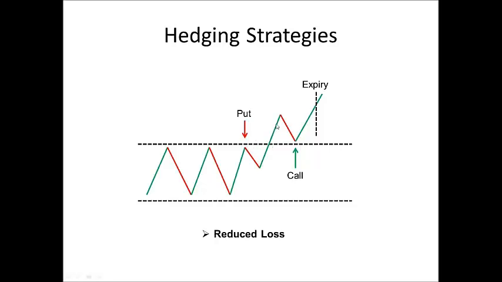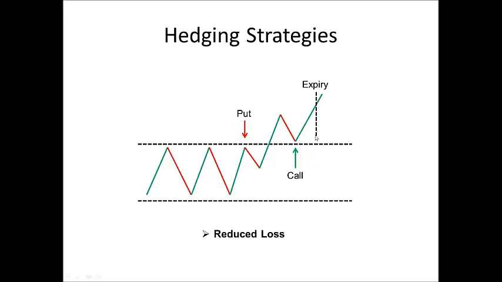Price has broken the resistance, it's come back, tested the now support, and then gone on the upside. So if we had placed a put on this resistance and it wasn't already hedged, when price breaks this resistance and comes back down to this now support and a similar area to where we placed our put, we can place a call option and hedge our put.